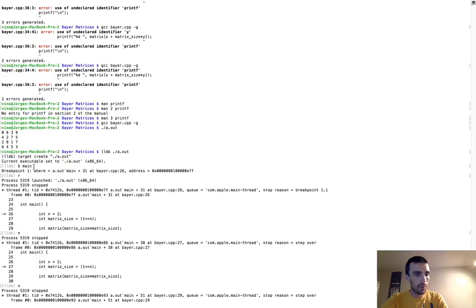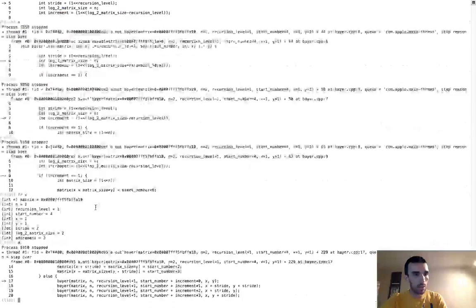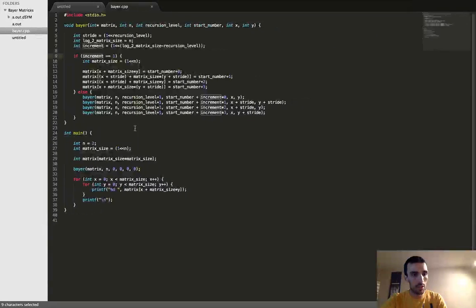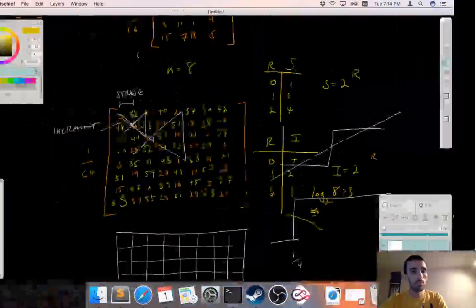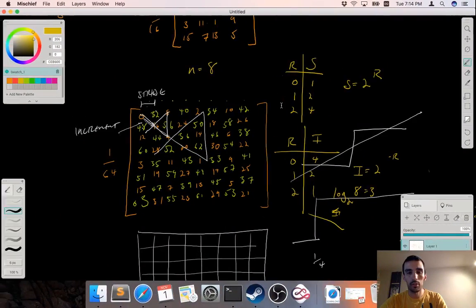No, it's 4 by 4. That's correct. Okay. So I should only have one level of recursion. Now I'm confused. Yeah, I should only have one level of recursion here.